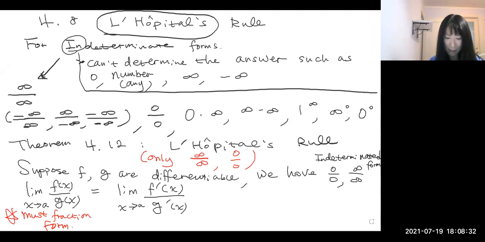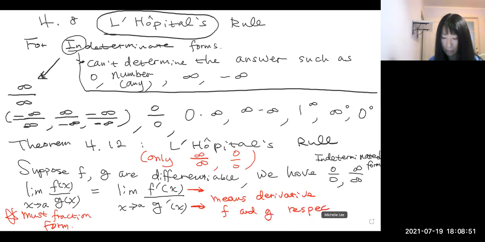Then this means we do derivative of f and g respectively, okay?